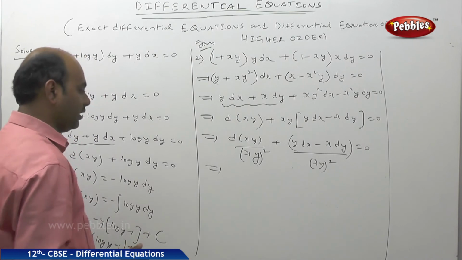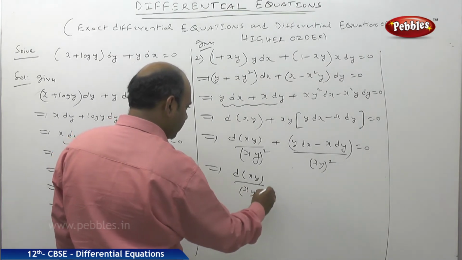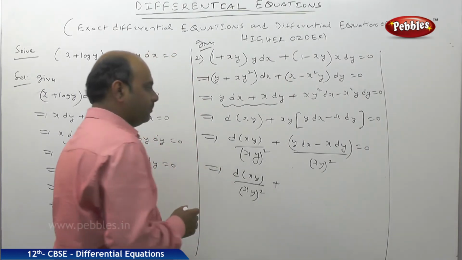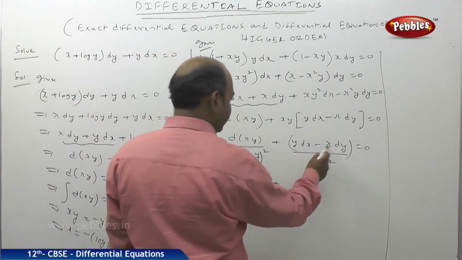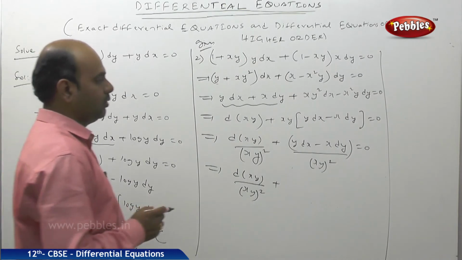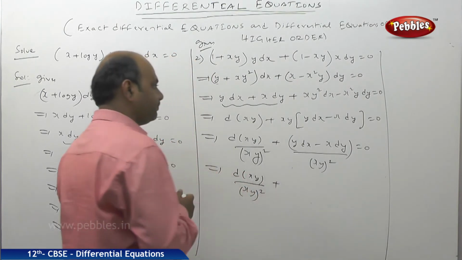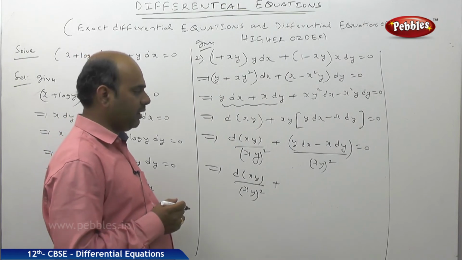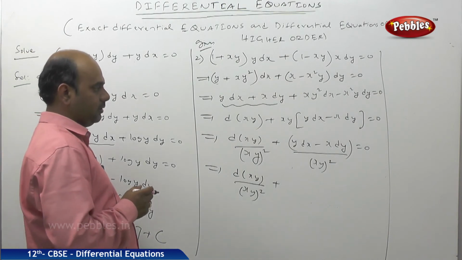So what happens, d of xy by (xy) whole square plus, observe carefully, it is becoming like some formula, (y dx minus x dy) by (xy) whole square. So I think one y will get cancelled and we will get (y dx minus x dy) divided by (xy) whole square. I think we can remember a wonderful result. Observe carefully, or else something we can do, any magic here, please.